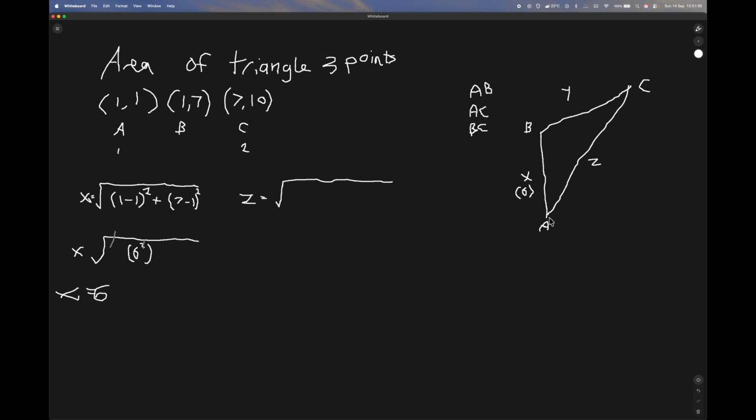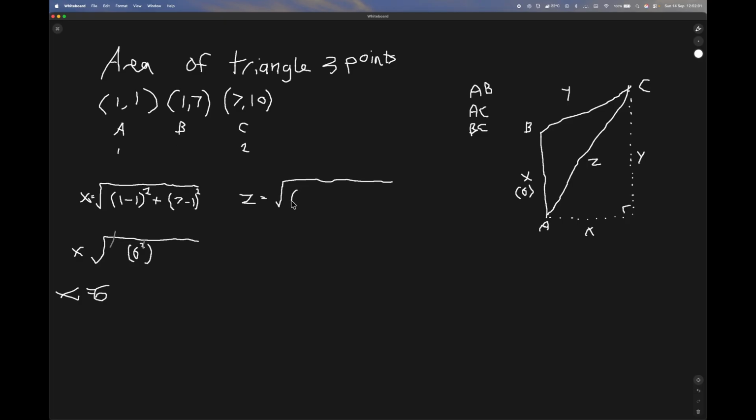So basically what we're doing is we are turning this into a right angled triangle. And we are finding the length of the x distance and the length of the y distance on this side. We're squaring them and we're finding the hypotenuse, which is going to be this one. So that is what this formula does.